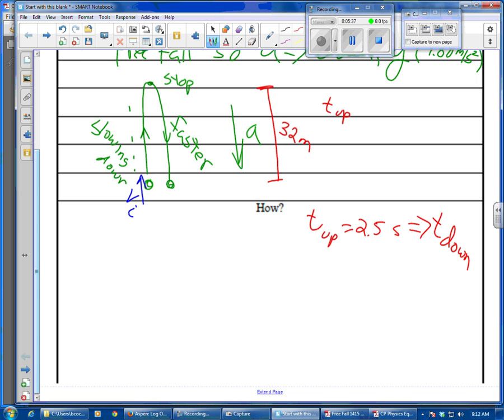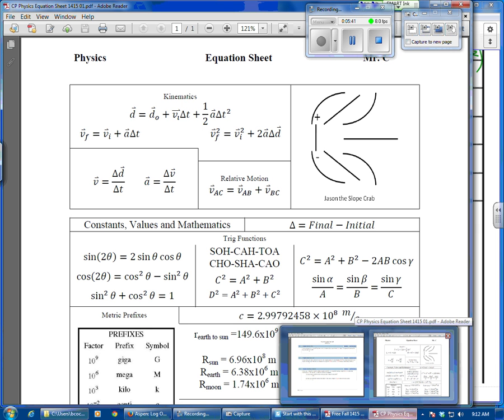So if I look at my equations here, this one says I end up at this speed because I started at this speed and I accelerate for this amount of time. This one says I end up at this speed because I started at this speed and I accelerate for this distance, this displacement.